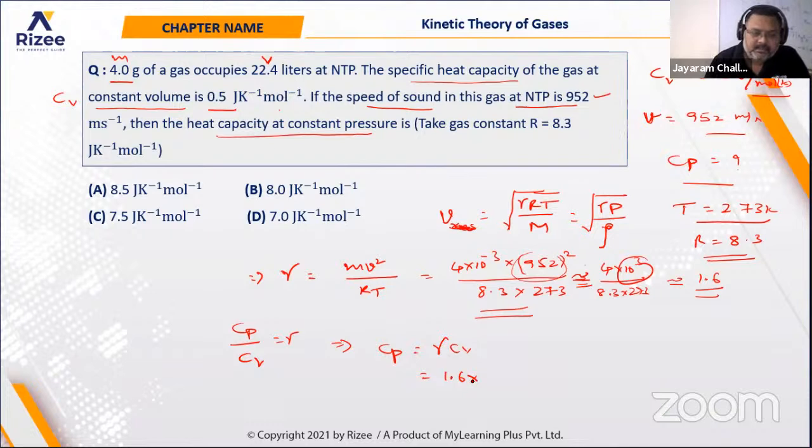Substitute that Cv value here. Most probably it should be 5, because the options are more than that, so it should be 8 joule per mole Kelvin.